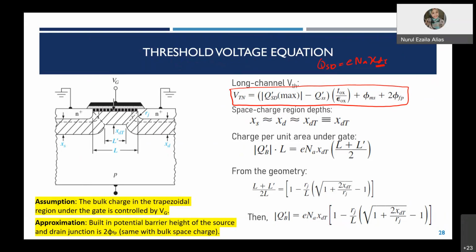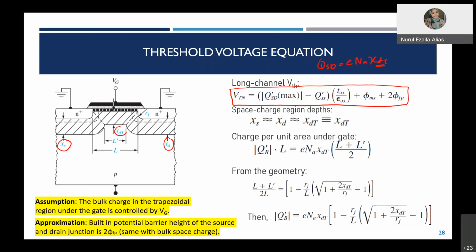So the space charge region depth at the source is XS. This is the region XS. You also have the space charge region depth at the drain. This space charge region under the source and also under the drain is equivalent to that under the channel.